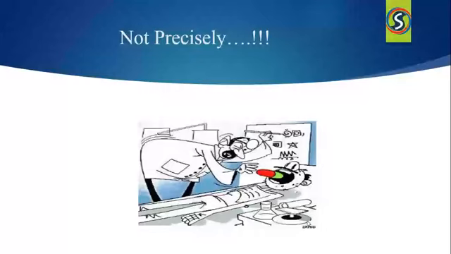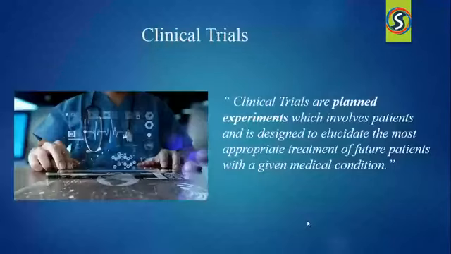Here, in this picture you can see the doctor is writing something on the paper. He is actually collecting the data. So, clinical trials are planned experiment which involves patient and it helps in identifying the proper medications which helps the future patients to cure disease without any complications or side effects.